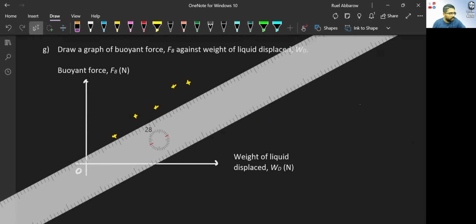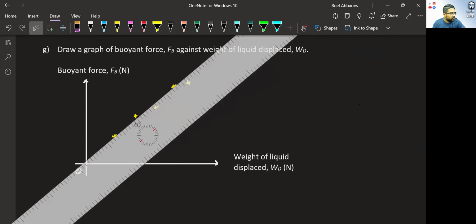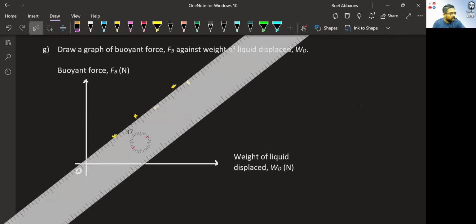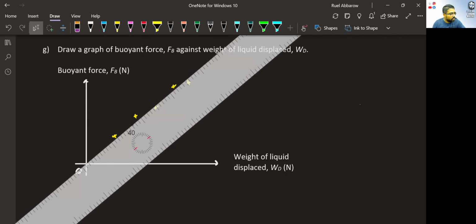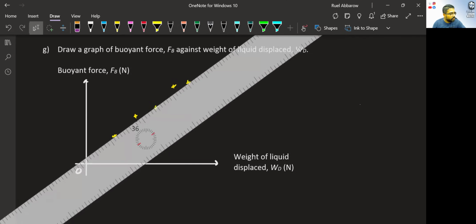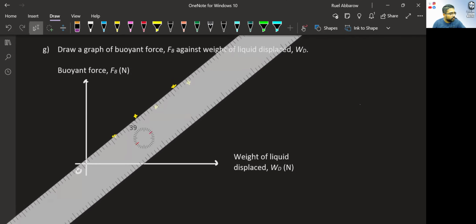For the line of best fit, there must be two things. Join as many points as possible. Okay, join as many points as you can. So here, according to my data, I can only join a maximum of 2. So choose the 2 properly. How do you choose which 2 to join? Okay, let me join it first, then I show you.